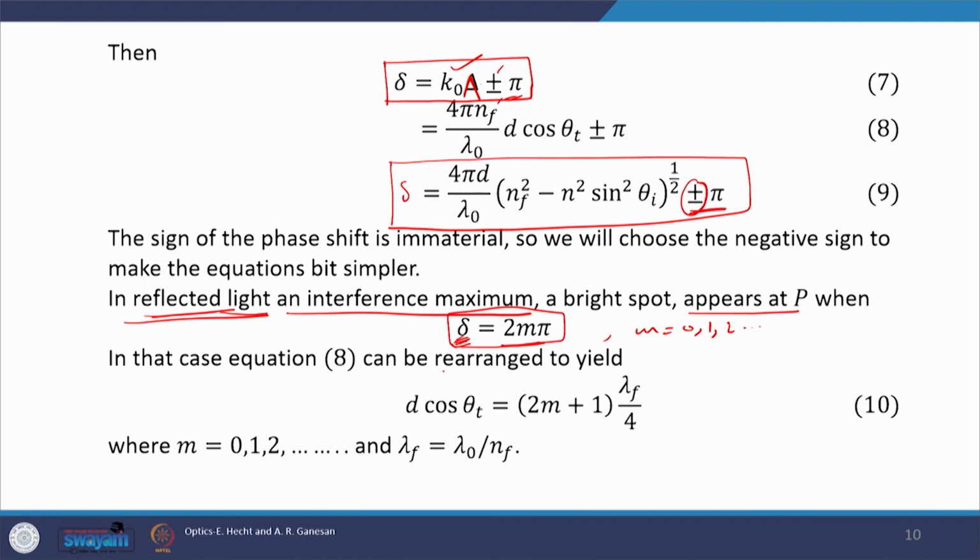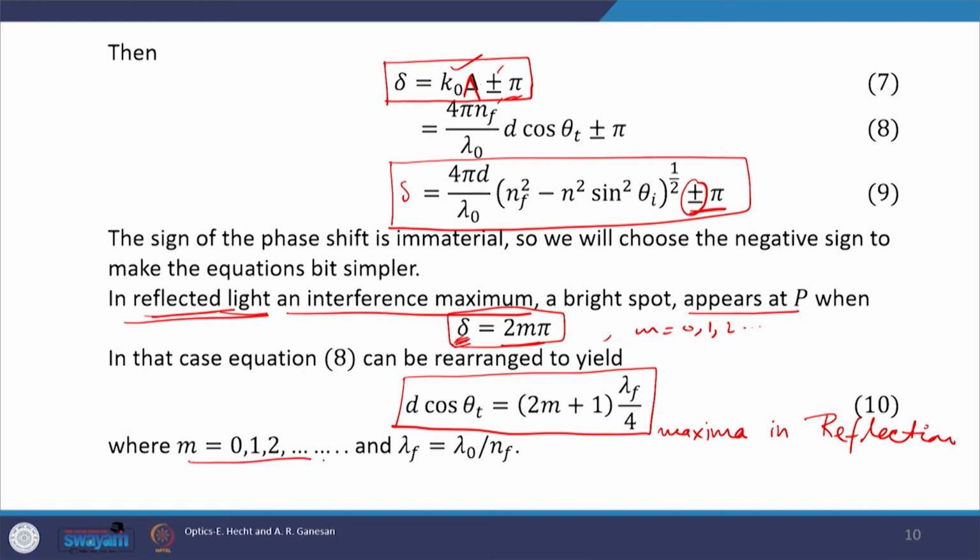After a bit of rearrangement, we get this condition. This is the condition of maxima in reflection, where m is an integer and lambda f is equal to lambda naught by nf. Lambda f is the wavelength of light in the film, which differs from the wavelength of light in vacuum.